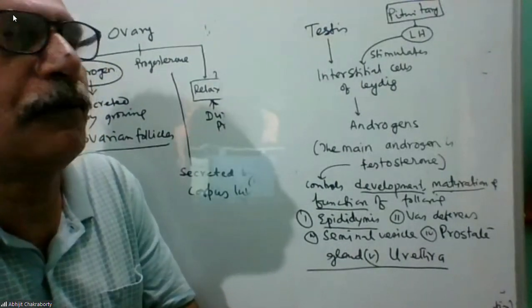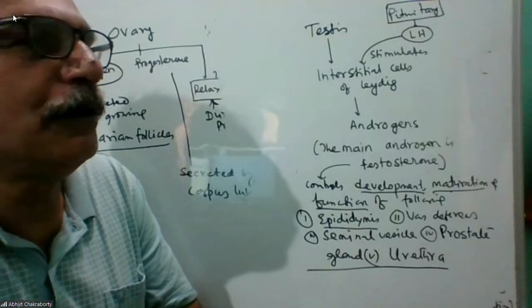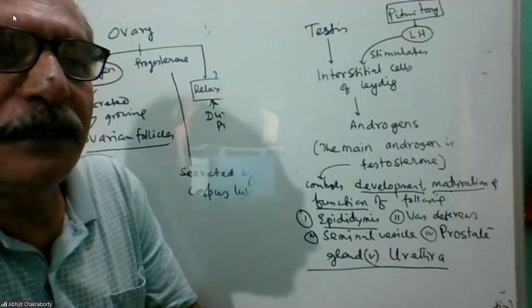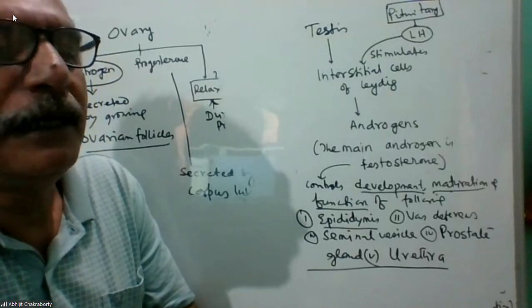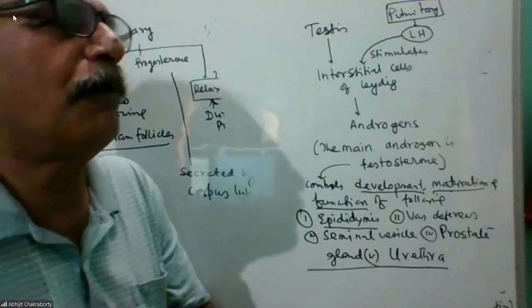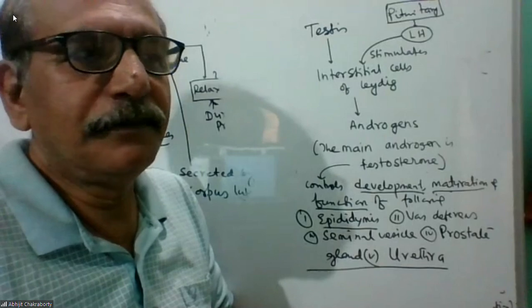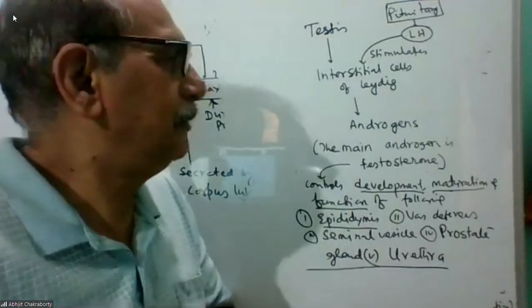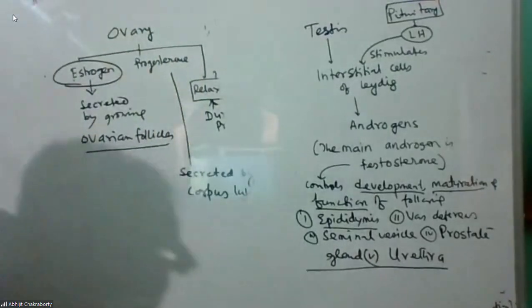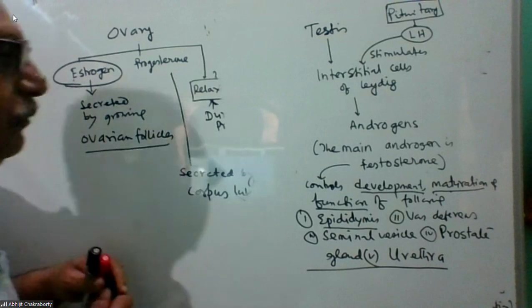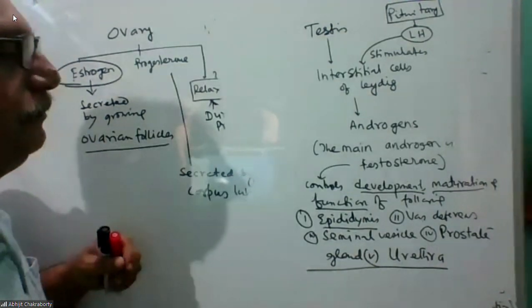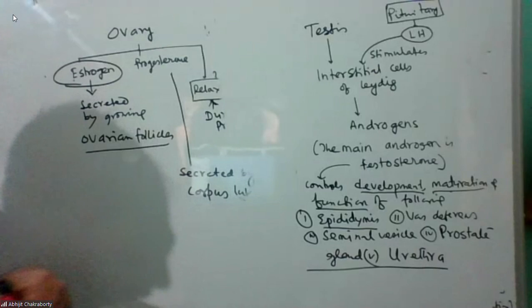That's why it is called anabolic steroid. Steroid because it is a steroidal hormone. Anabolic means it helps in anabolism. Anabolism means formation of complex compounds from simpler compounds. Clear now? So remember this thing. Clear?